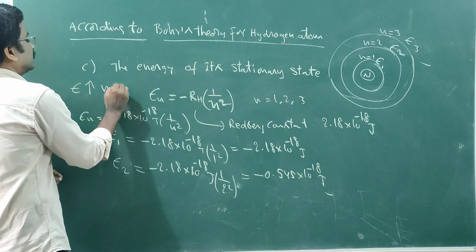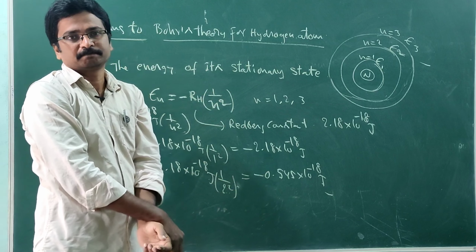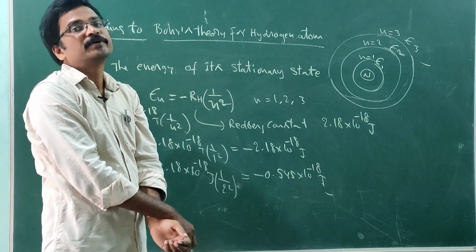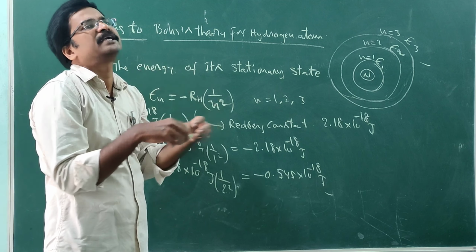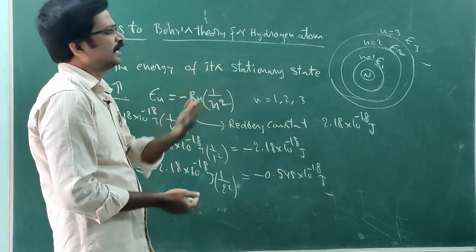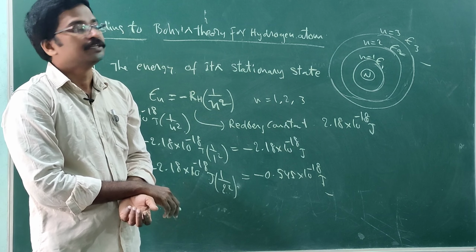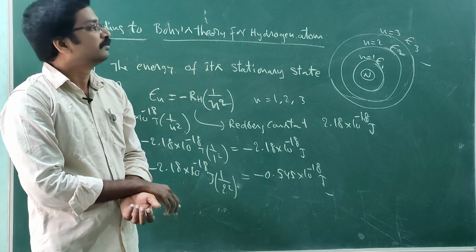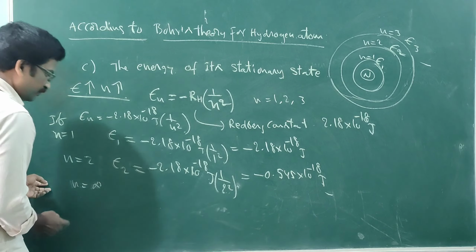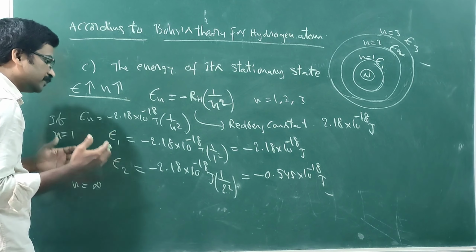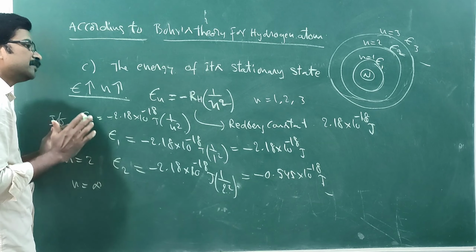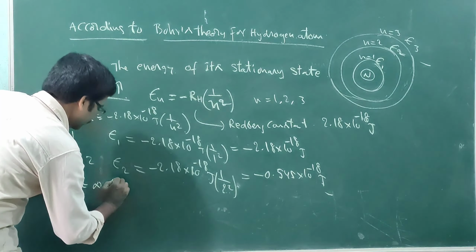If we remove the electron completely from the atom, it is known as an ionized atom. If you take the hydrogen atom, when n is equal to infinity, the hydrogen atom is ionized.